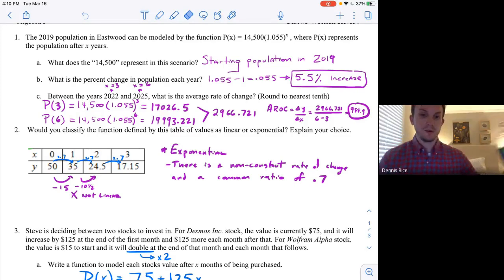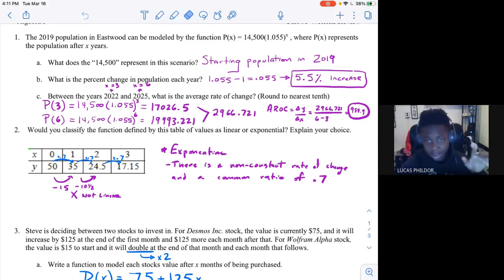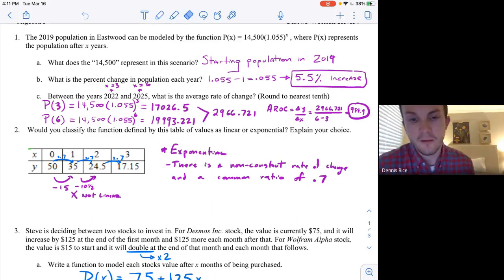Yeah, if you have to explain, you can't just say exponential. We're not going to award you for, let's say I go, hey guys, is this true or false? Explain, and you just write true. We're not going to award you for a 50-50 guess. So the explanation is really where all the meat of this problem is. We also have to say the exact rate of change and the common ratio.